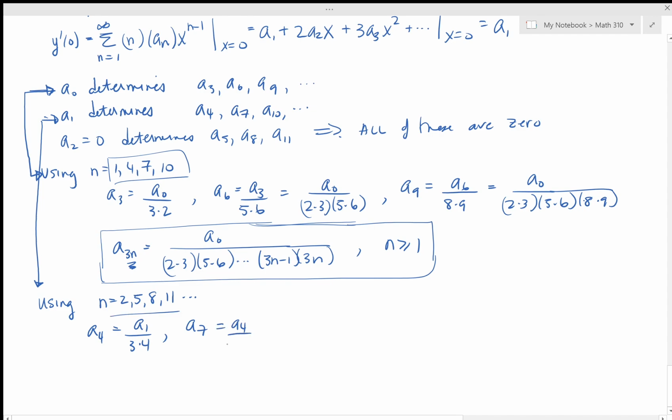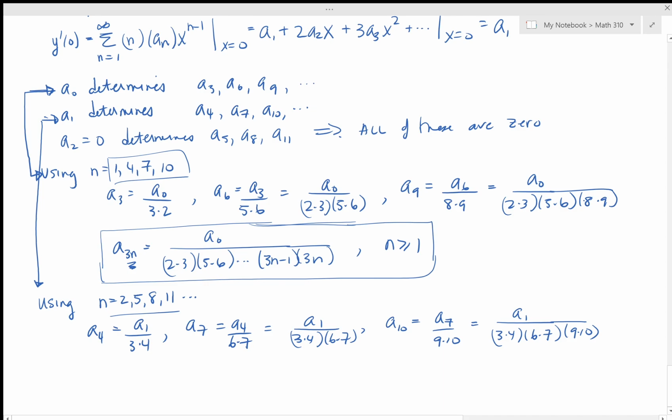That's A4 over 6 times 7. And I know what A4 already is. It is A1 over 3 times 4. And I get 6 times 7, etc. And I keep going. A10 is A7 over 9 times 10, and then that is A1 over 3 times 4, 6 times 7, 9 times 10.